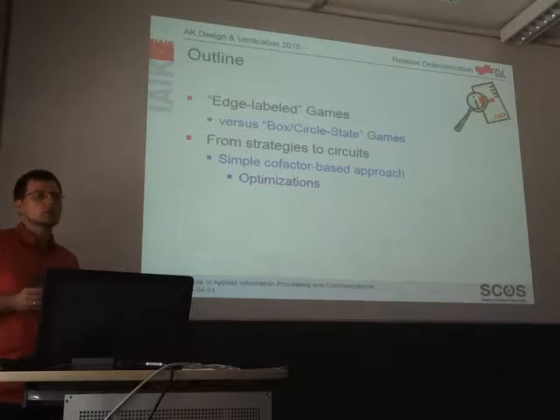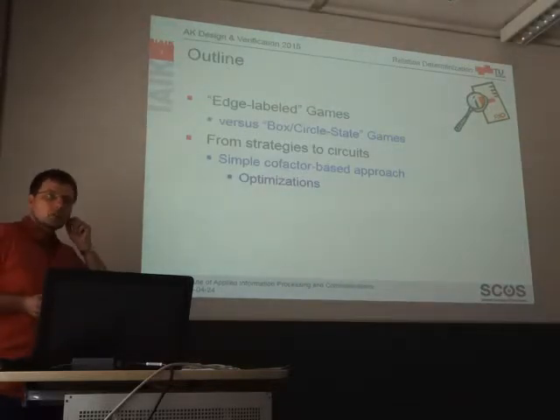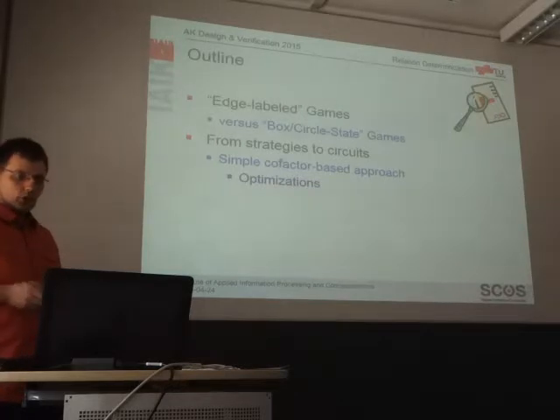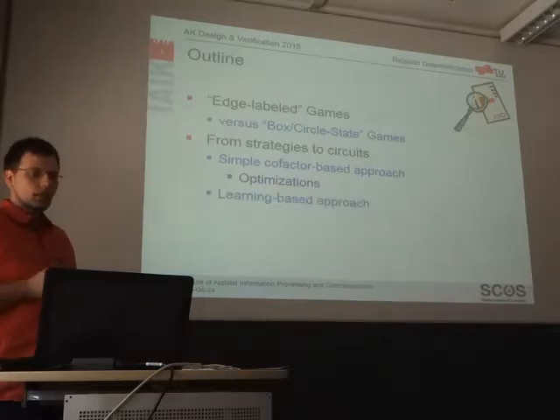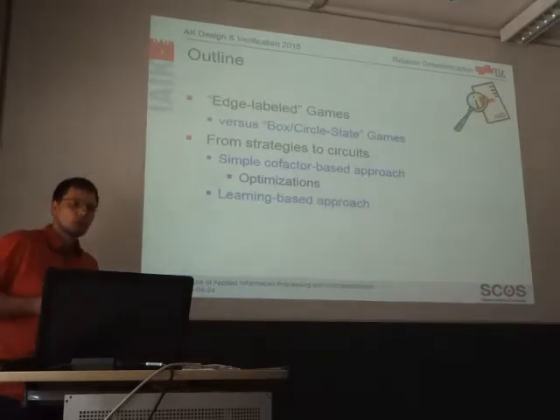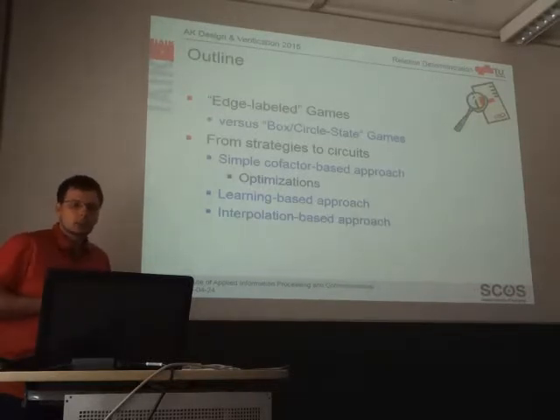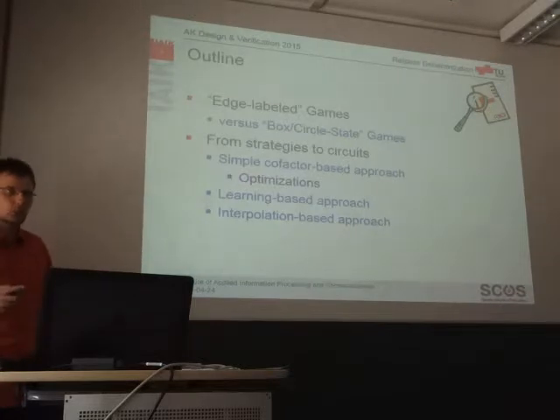There are several approaches that we're going to discuss. The first one is a simple cofactor based approach. And we'll also look at some optimizations beyond the most simple version of it. Then we will have an approach that is based on computational learning, and an approach that is based on interpolation, for those of you who already know what interpolation actually is.